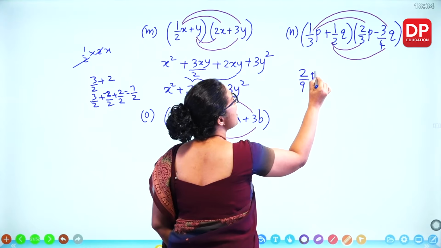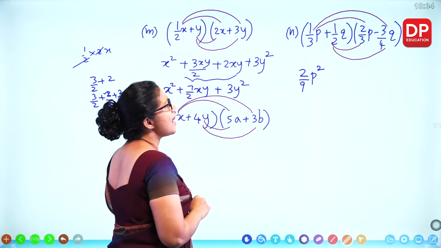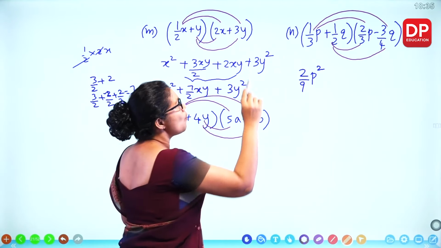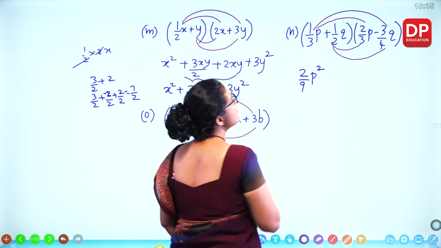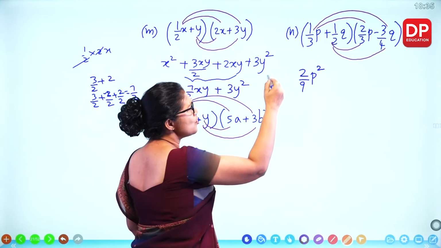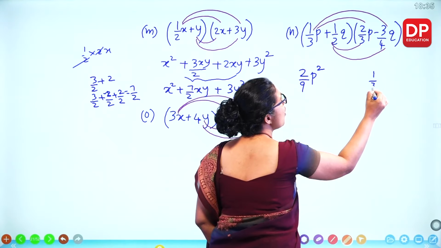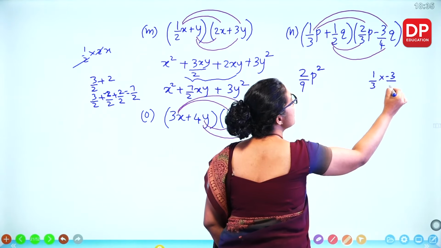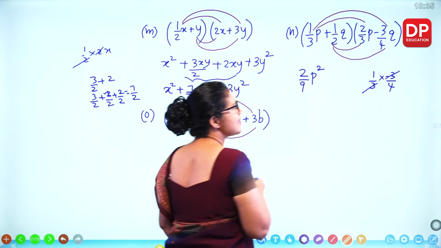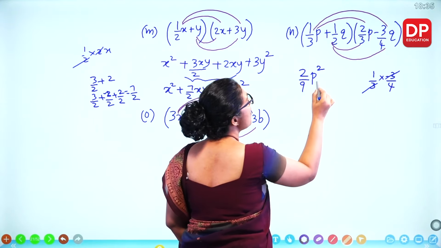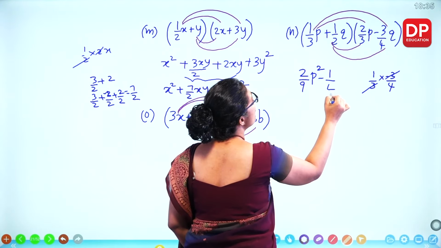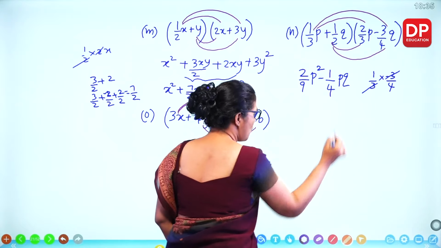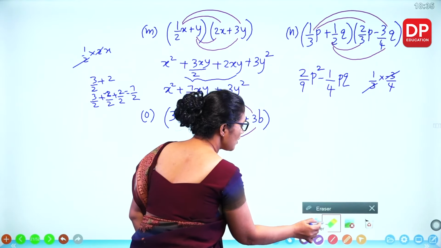So you get 2/9 p squared. 1/3 p with minus 3/4 q. Can you see here 3 is common? When you multiply like this, 3 get cancelled out. So you will end up with minus 1/4 pq.